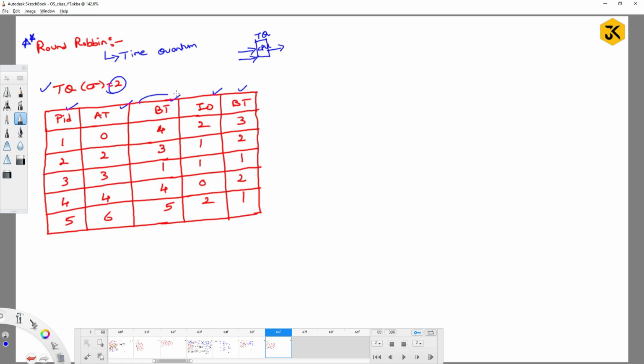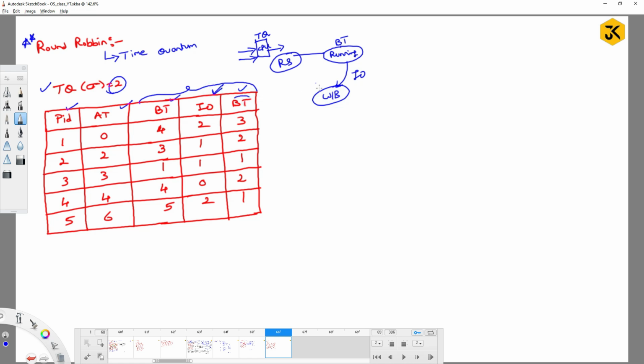This example is somewhat different from all the examples we discussed. Generally, when you are in the ready state and you are allocated the CPU, that means you are in the running state, and this is what we call burst time. While running, you might require some IO operation, then that waiting or blocked state is called IO operation.